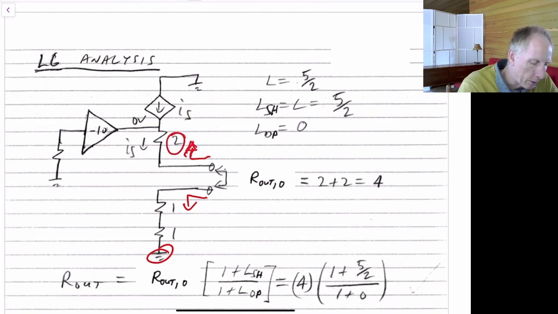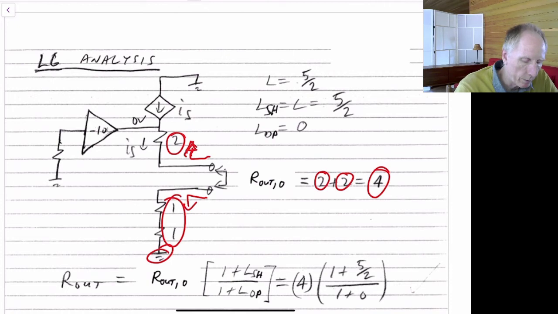The impedance looking up is 2 ohms, the impedance looking down is 2 ohms, so we see 2 in series with 2, which works out to be 4 ohms. So the port impedance here when the loop is open circuited, or broken, is equal to 4 ohms.